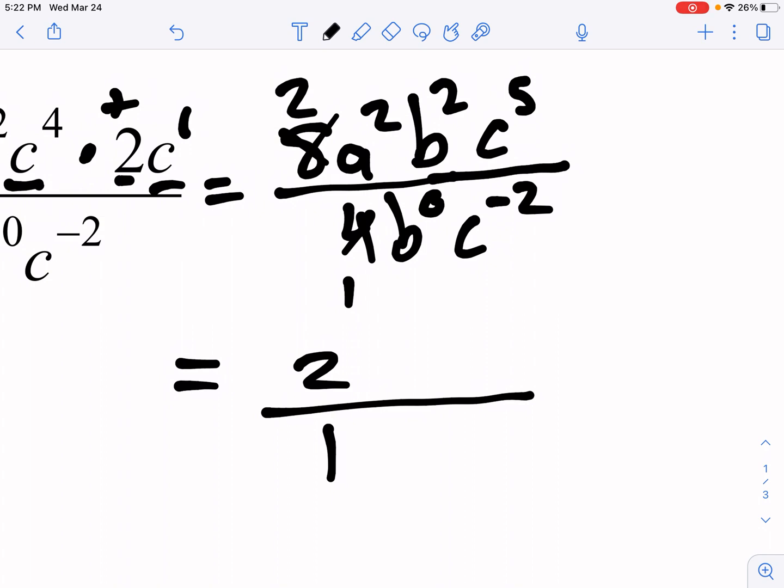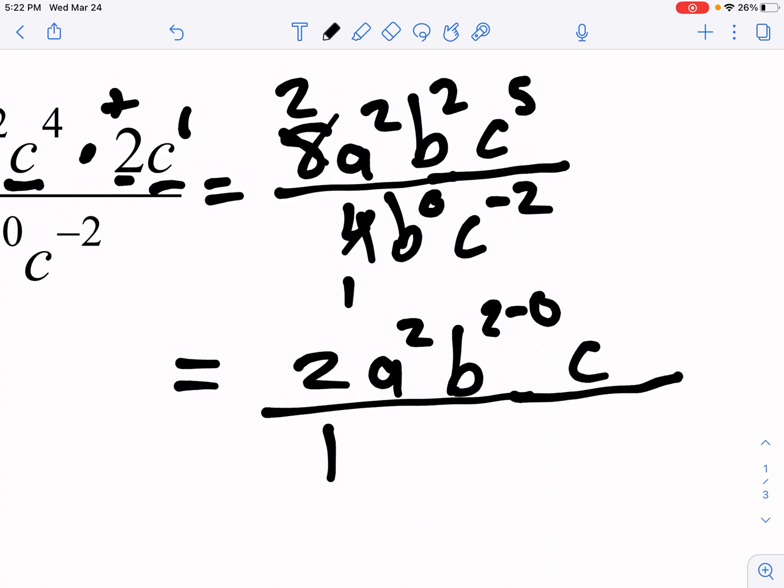Does A have anything to subtract here in terms of exponents? Do we have another base of A? No. So that guy's going to stay the same. What about B? Well, yeah, we have a 2 minus 0, right? And then C, we actually have that guy too. We have a 5 minus a negative 2, okay?